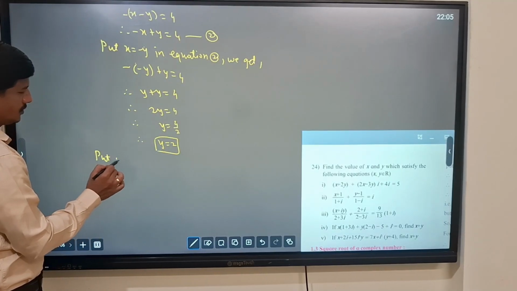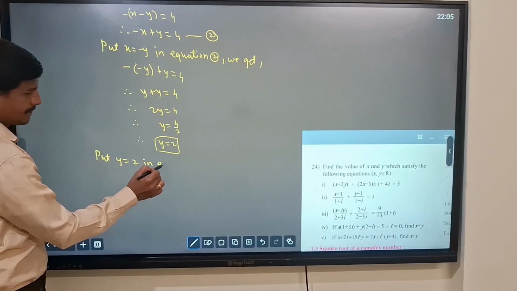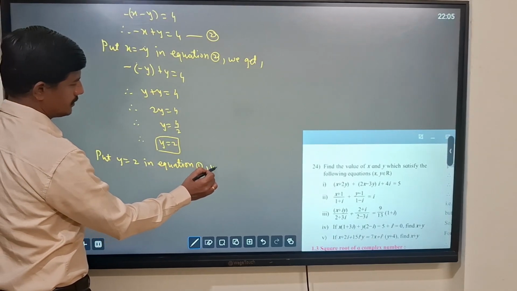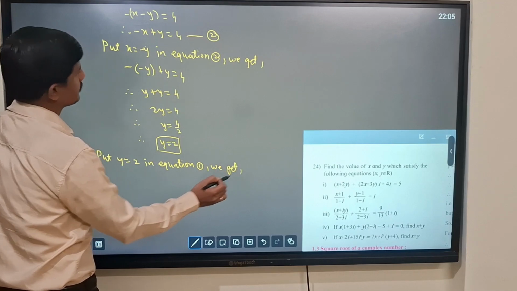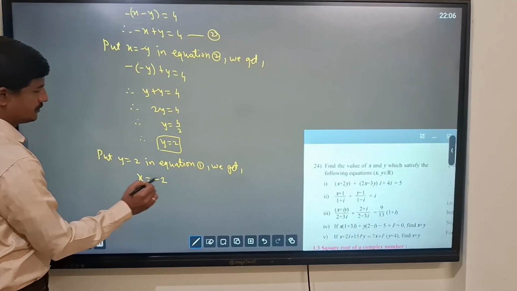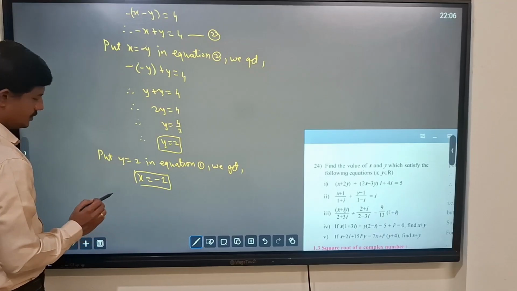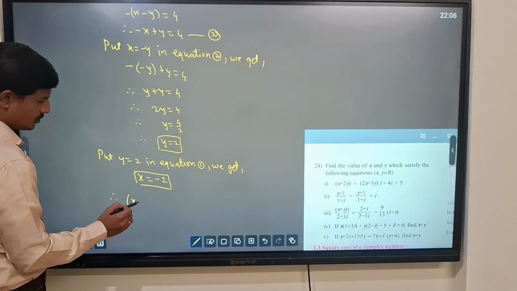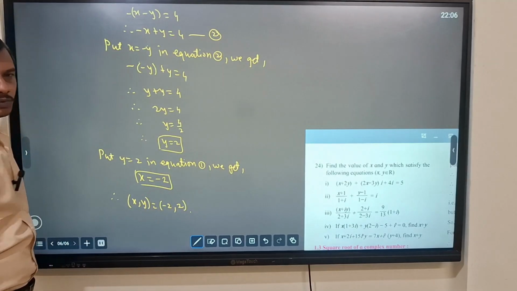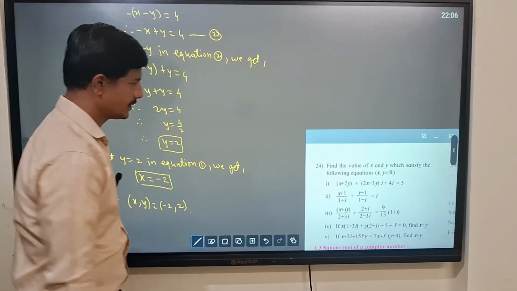Put y equal to 2 in equation 1, we get x equal to minus of 2, therefore x comma y is simply minus 2 and 2. This is the answer.